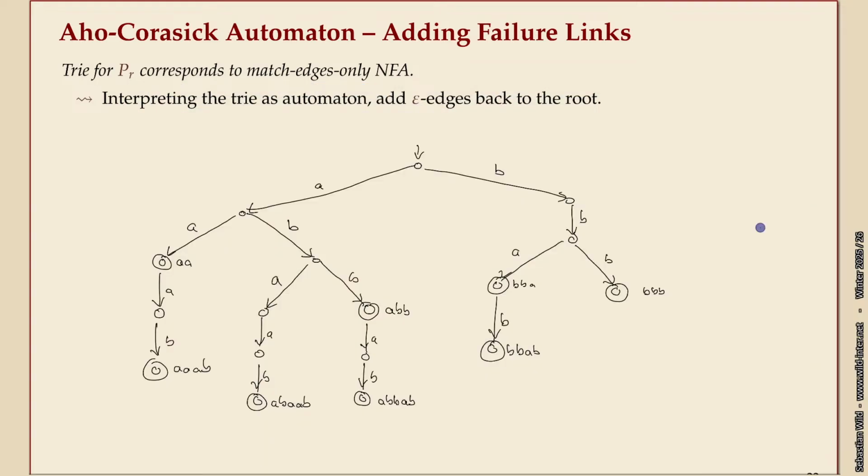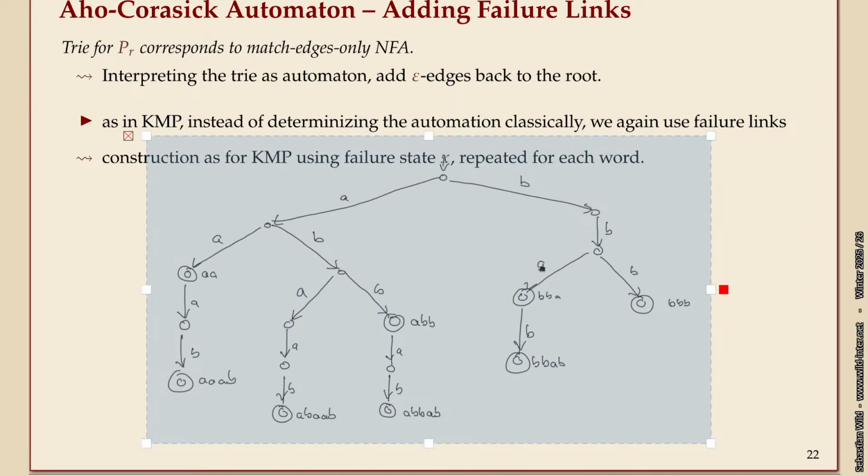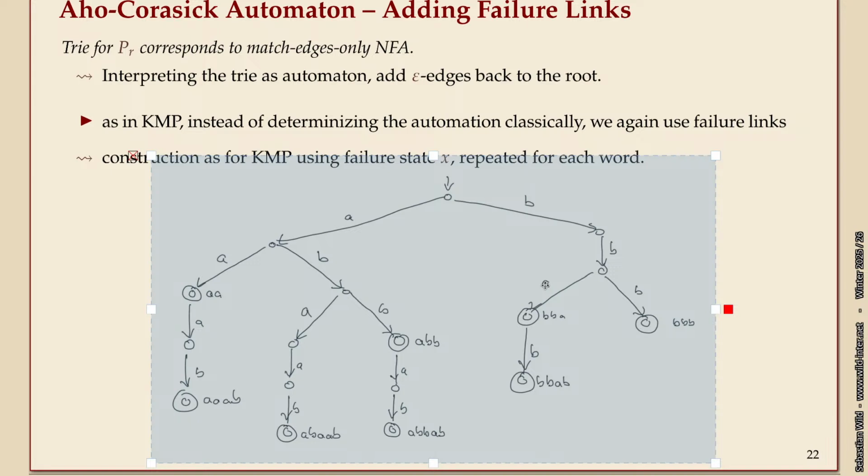The next step is adding failure links in the very same way as KMP. And again, you could formulate this differently. Let me put it here so it better fits there.